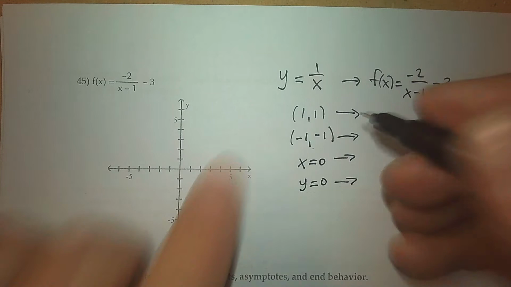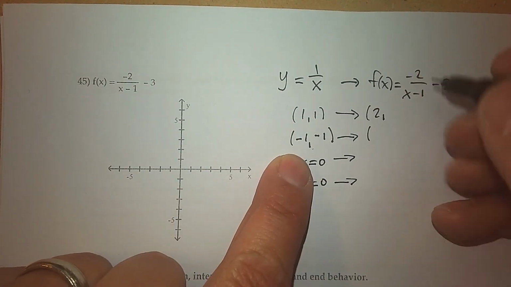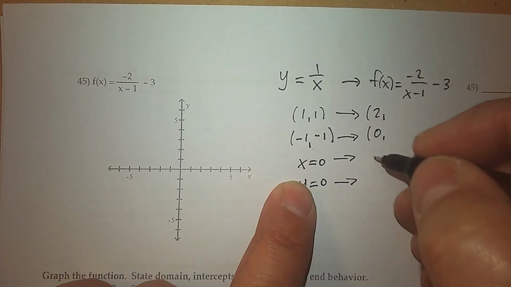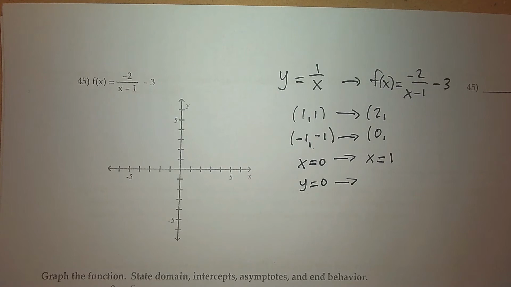So 1 plus 1 is 2. -1 plus 1 is 0. 0 plus 1 is 1. All the x's, you add 1. How about the y's? Where do you look to see how that has changed? To see how the y has changed, you look at the numerator and what follows. The numerator tells you to multiply.